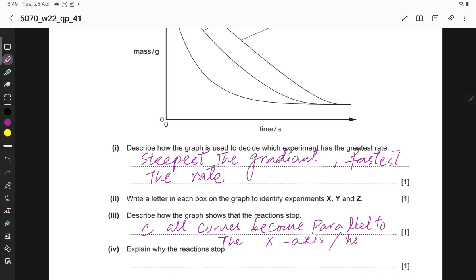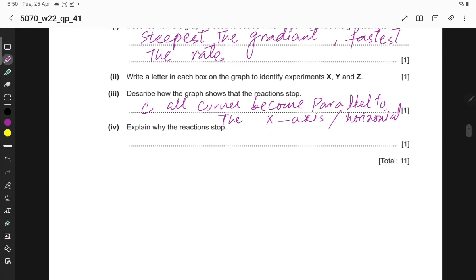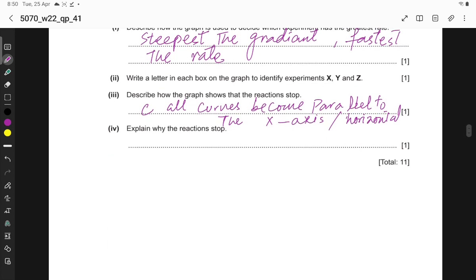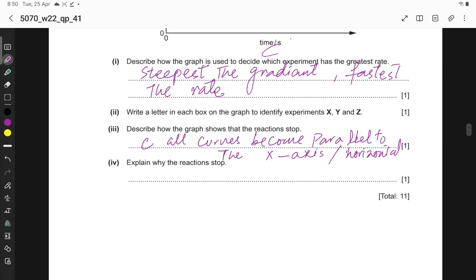You can say horizontal line, look at this, all at the same point. A horizontal line shows that the reaction is going to stop, or the gradient becomes constant.